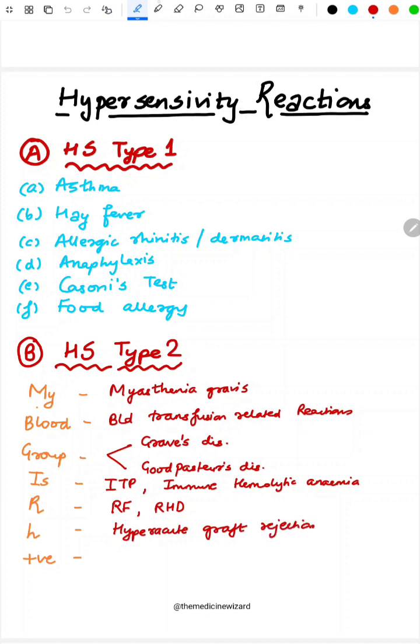And let me just write here, P for positive. So it is P for pernicious anemia, and pemphigus vulgaris. So with the help of this mnemonic, that is my blood group is Rh positive, you can learn these examples for hypersensitivity type 2, and do not forget that hyperacute is a type 2 reaction.